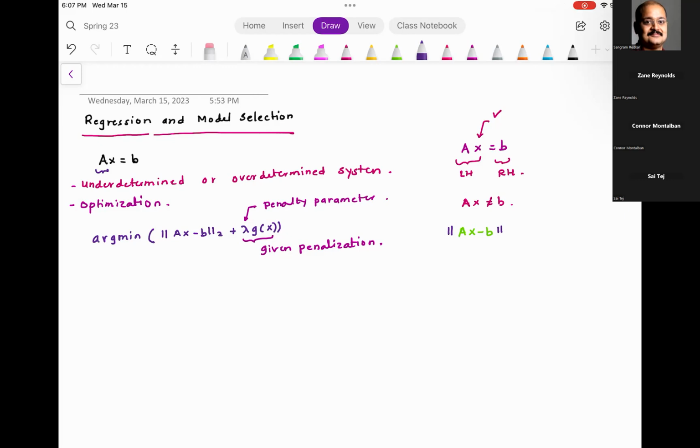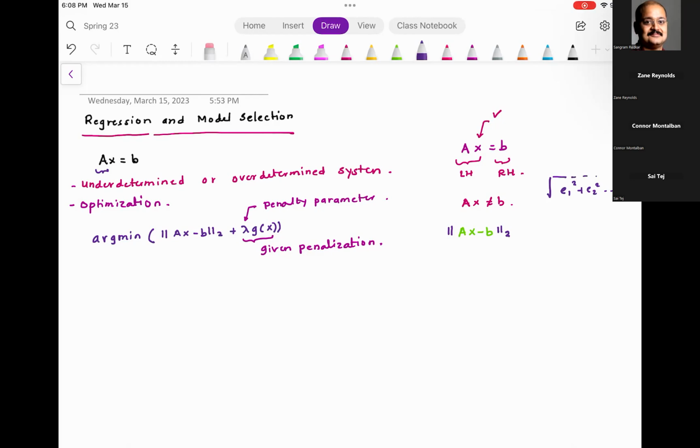We don't know what minimum is, because minimum for me may not be minimum for you. So we define this minimum in terms of the L2 norm, which means we minimize the square root of the sum of squared distances. So basically it is E1 square plus E2 square, etc., and then take the square root. This is the type of minimization that we want to do.